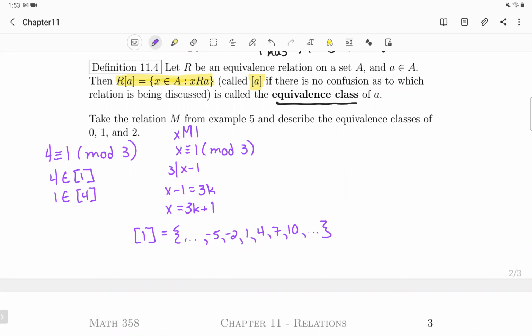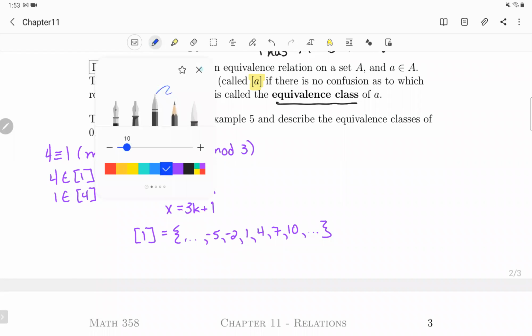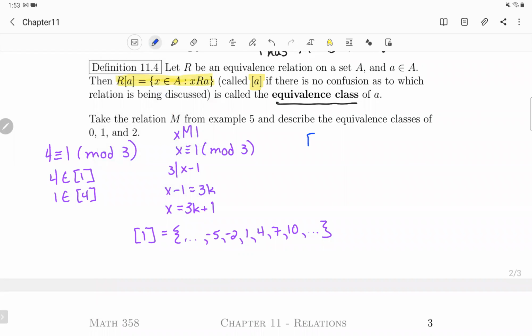So this one also asks for the equivalence classes of 0 and 2. Well, what type of things are going to be related to 0 modulo 3? Multiples of 3, because I need X minus 0 to be a multiple of 3. So we can even write it this way, 3n such that n is an integer. It's the multiples of 3.